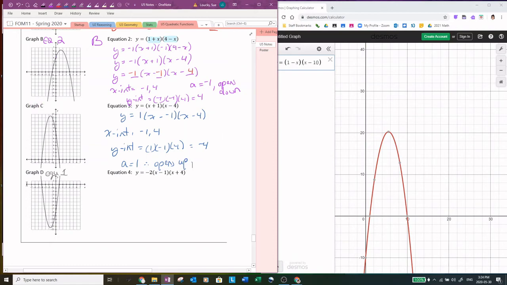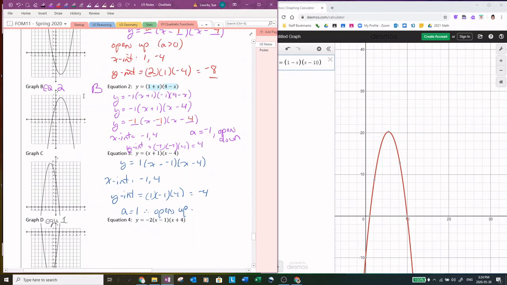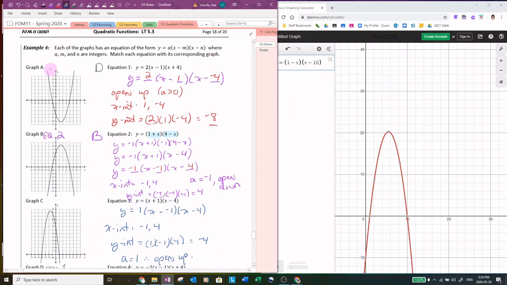So which graph has x-intercepts of negative 1 and 4? I think I need to go up to the top, negative 1 and 4. My y-intercept is negative 4, and it opens up. Yep, so this is graph A, this is equation 3.